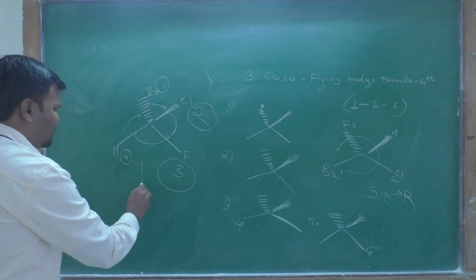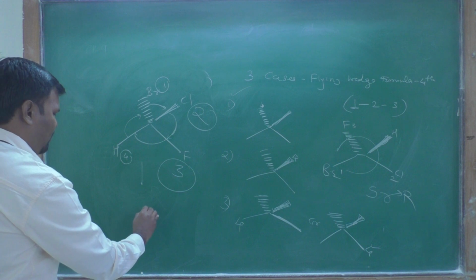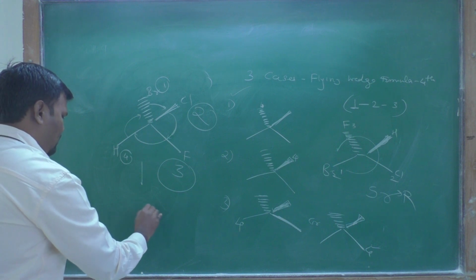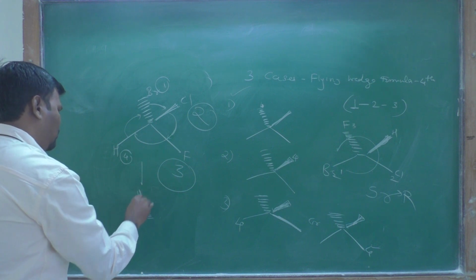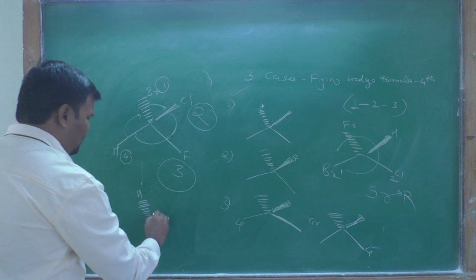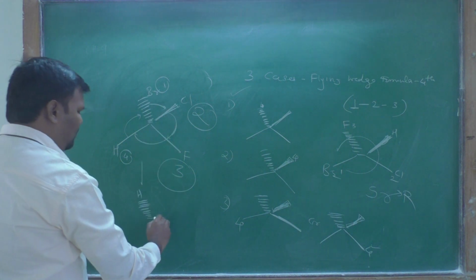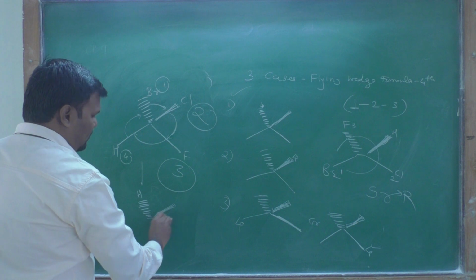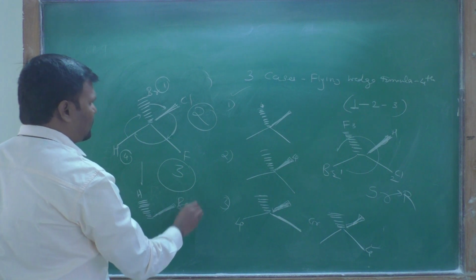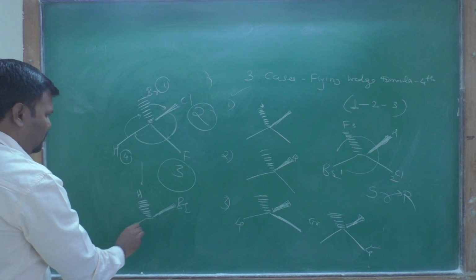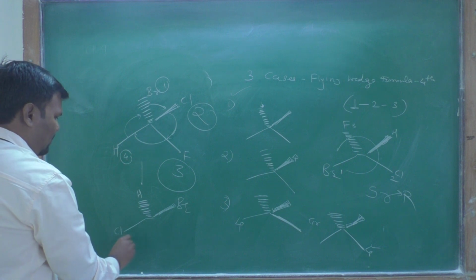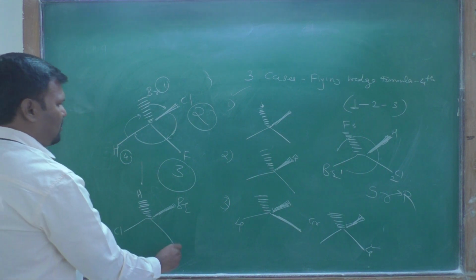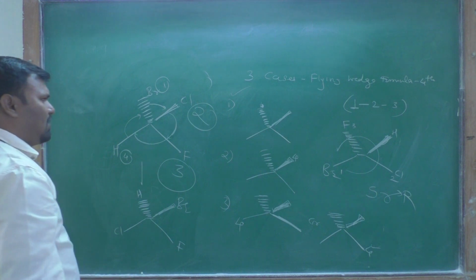After such rotation you can find that your hydrogen will take the position away from the observer, and bromine will move to point towards the observer, then chlorine takes the position of the hydrogen. Like that, the fluorine remains in its place.